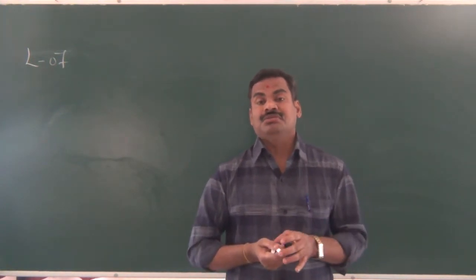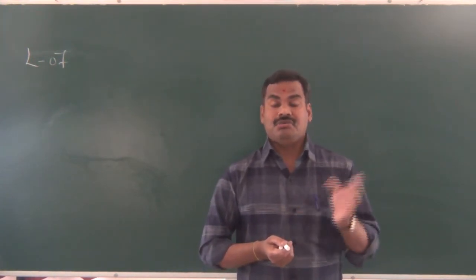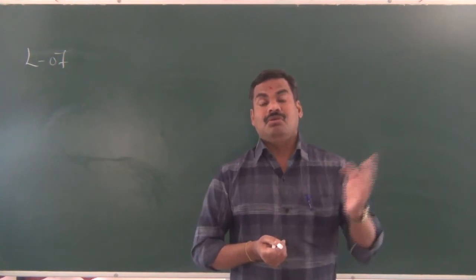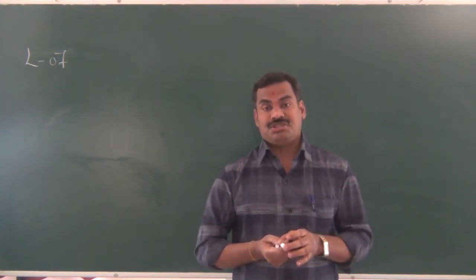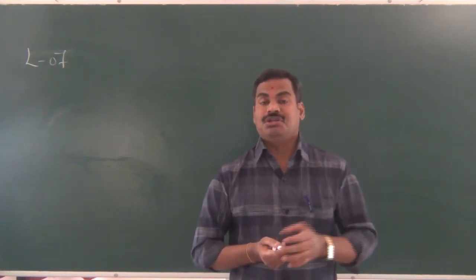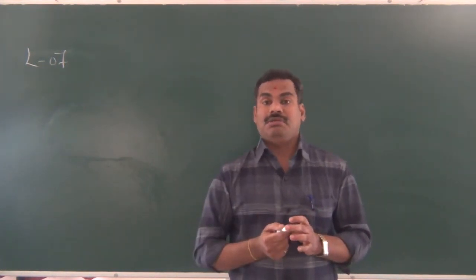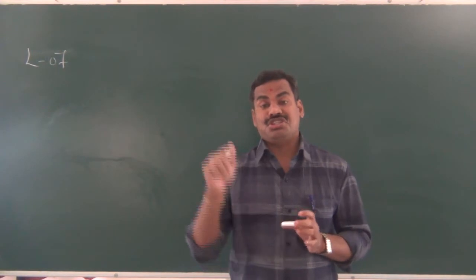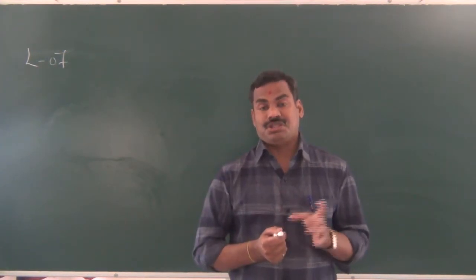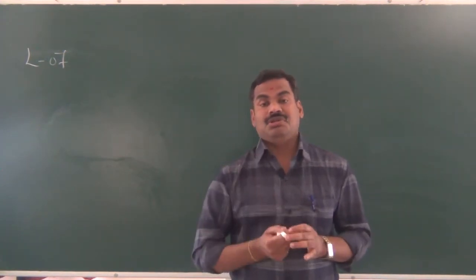As I said, in electronics or physics, whatever devices we construct, it may be an amplifier, an oscillator, or a rectifier, all have one or two PN junctions inside the device or circuit. For example, take the transistor.